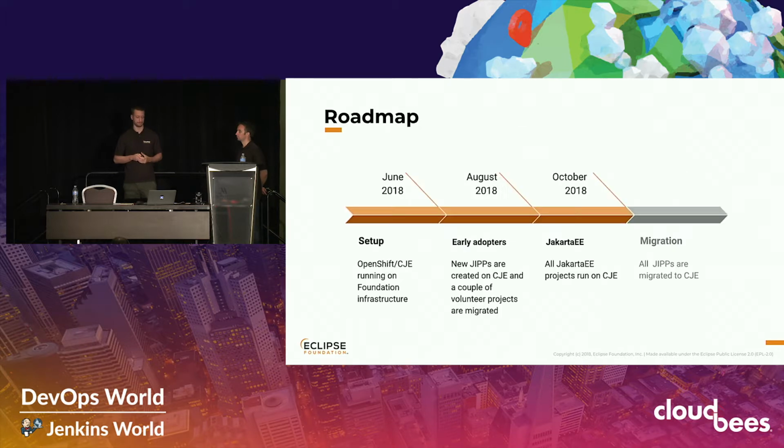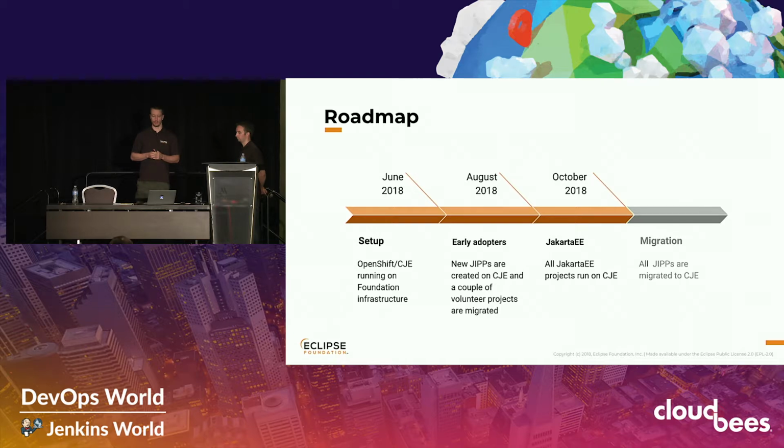So for our roadmap, as Mikael mentioned before, we started in June this year and set up the cluster. Since August, we onboarded early adopters, some projects that said they want to test it and provide us feedback.